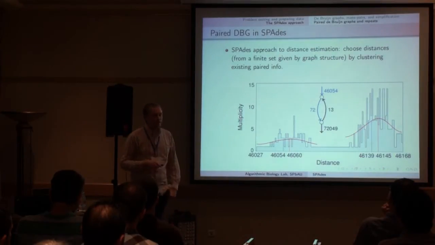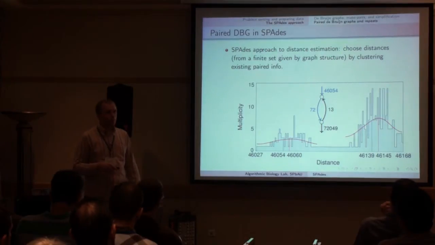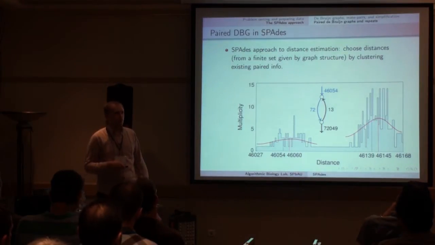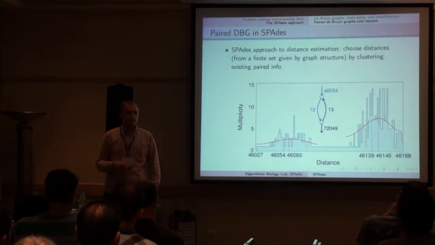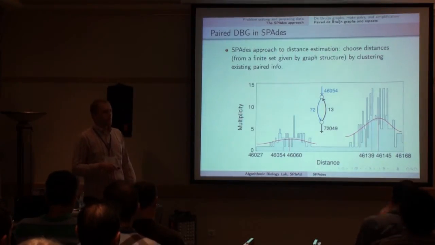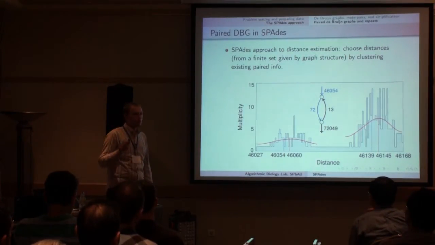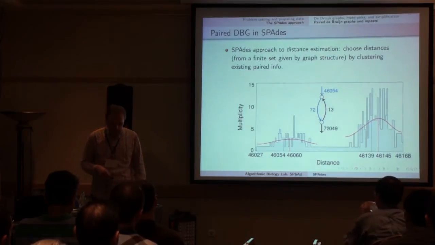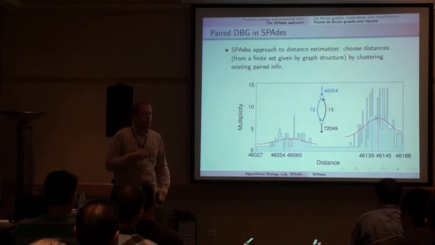And the problem here is that the insert size is not constant. If we knew exactly what is the distance between paired reads in a pair, then we could do it directly. Even with all the errors and with all this stuff, we could simplify paired de Bruijn graphs, and we could make this work. But the problem here is that the insert size is not constant.